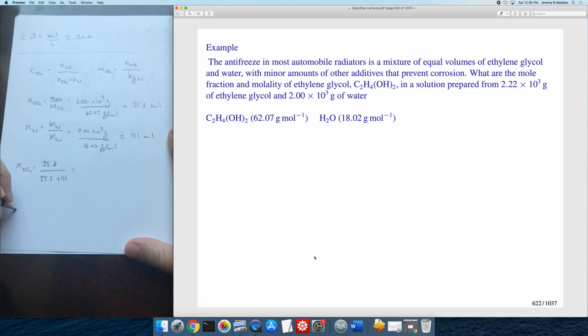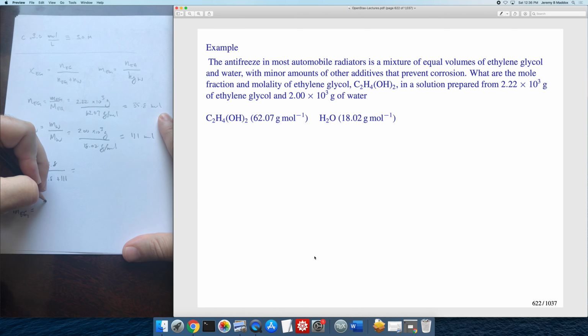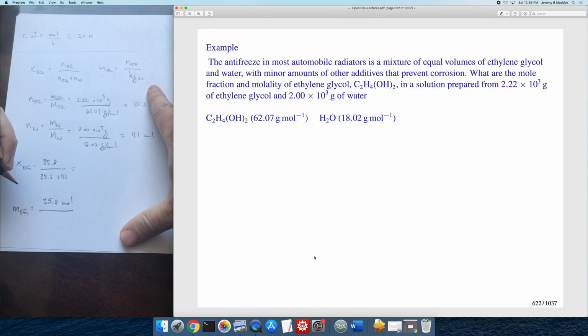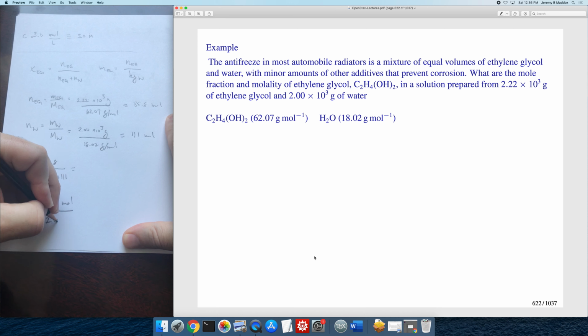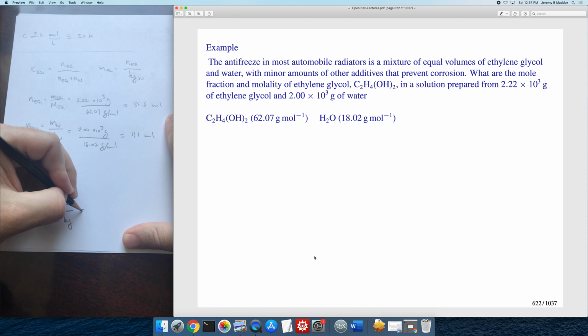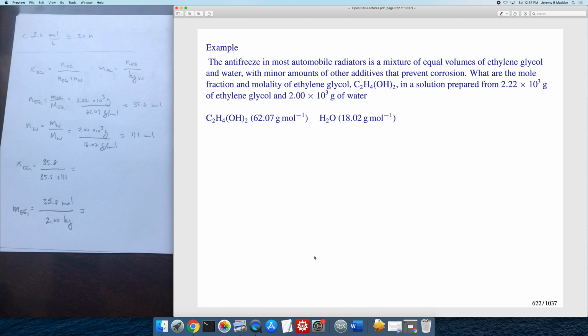And the molality will be that 35.8 moles divided by the kilograms of the water. And so let's calculate these numbers.